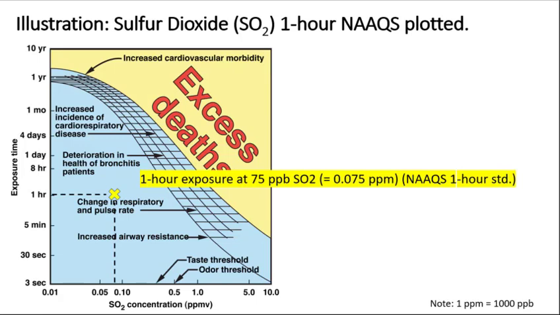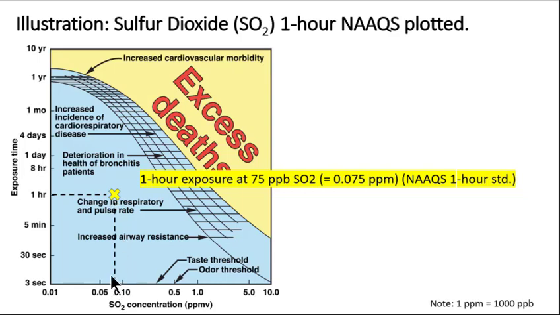Here, we roughly estimate the location on this plot of the 1 hour SO2 NAAQS standard of 75 parts per billion. Along the horizontal axis, we pick off 75 parts per billion, which equals 0.075 ppm. Along the vertical axis, we pick off a 1 hour exposure duration.